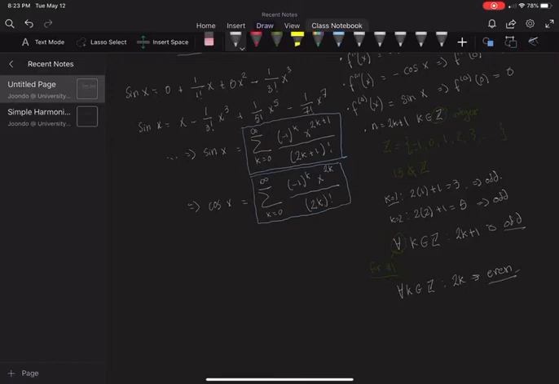The reason why this is important is that from this series itself, because of these terms here, we can tell first that sine of x is an odd function. By definition, a function is odd when f of minus x is equal to negative f of x.